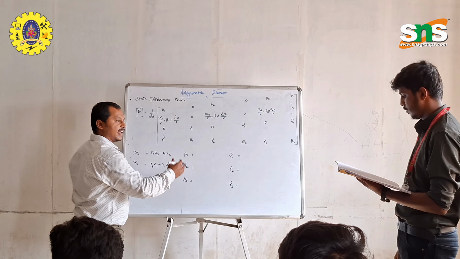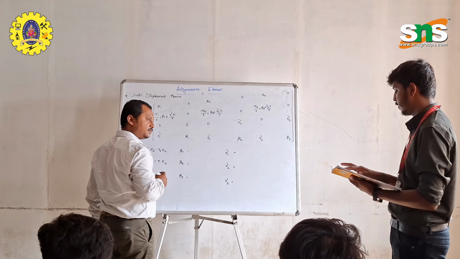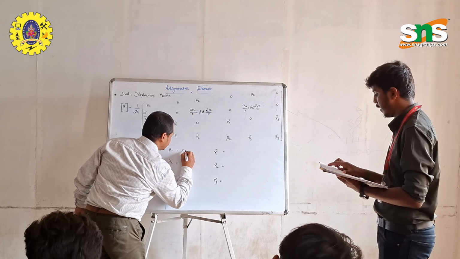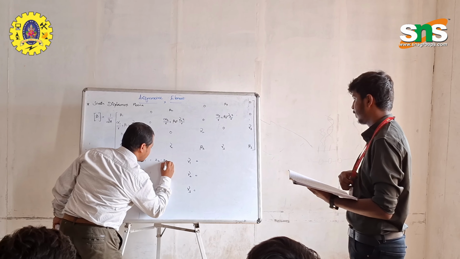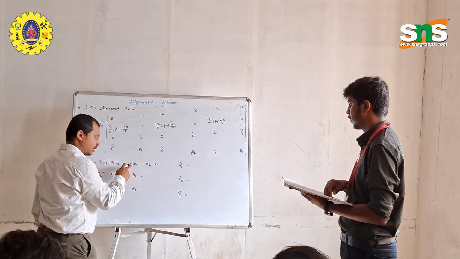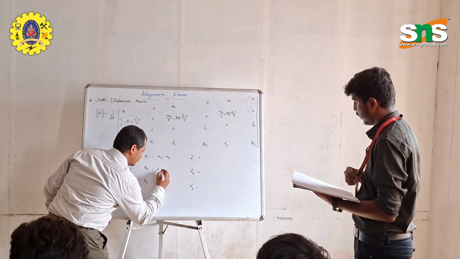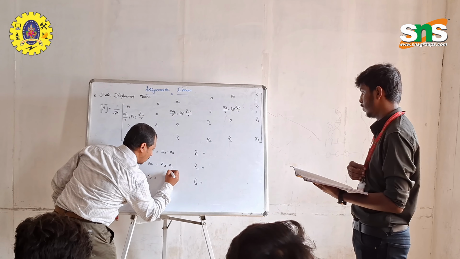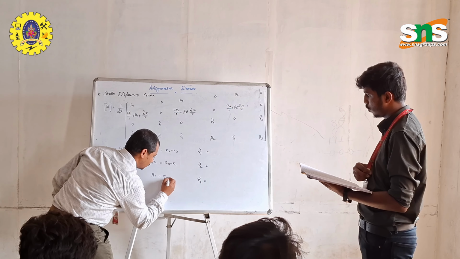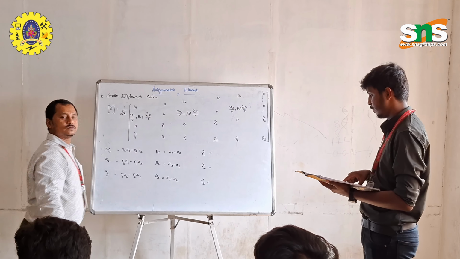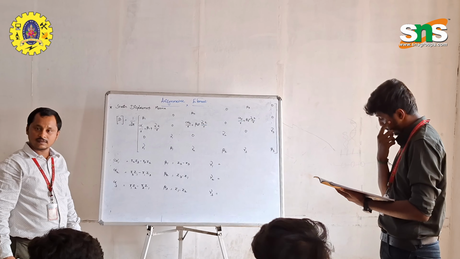Right? Next, what is the pattern for beta? Z2 minus Z3. Yes. Here 1, 2, 3. What do you write here? 3 1. Here 1 2. Clear? That's it.